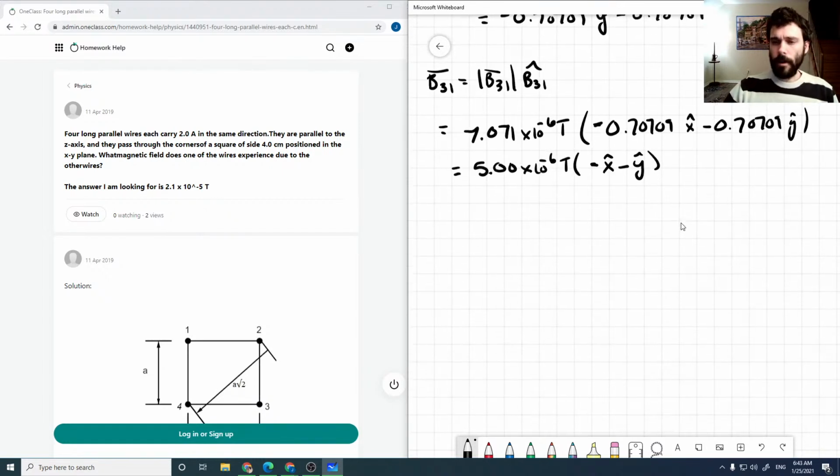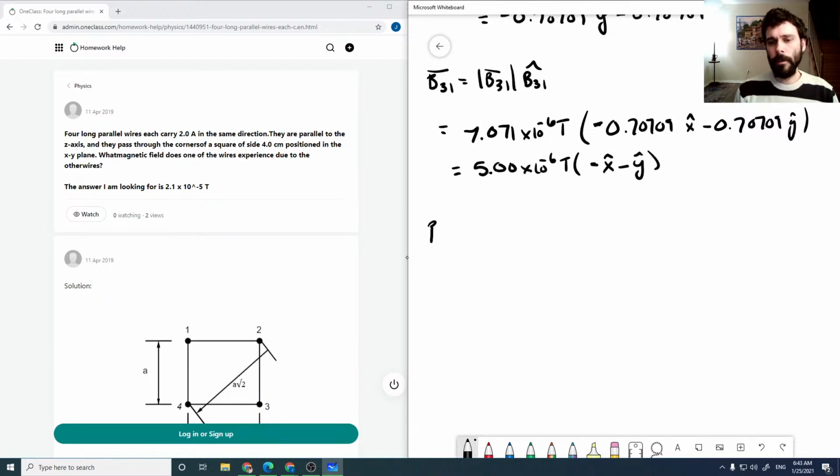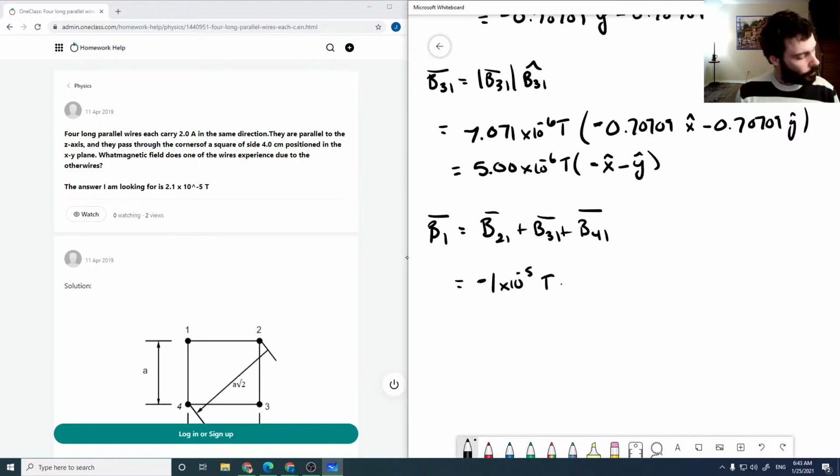All right, so now our B field at 1 is just equal to the sum of these. Which is minus 1 times 10 to the minus 5 Tesla y hat minus 5 times 10 to the minus 6 Tesla x hat plus y hat.